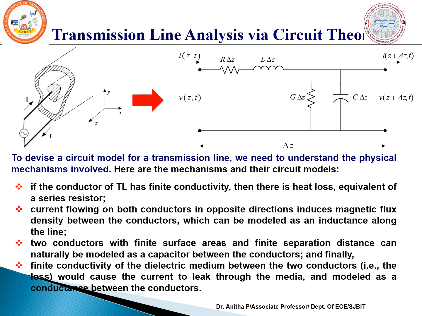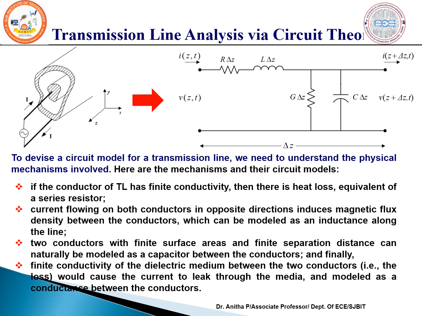So you can represent the 2 wire parallel transmission line as 2 conductors separated by a dielectric, represented as the capacitance, and the dielectric leakage represented as a conductance. Due to the current flow you will have a magnetic flux linkage, represented as an inductor, with the loss represented by the resistor.